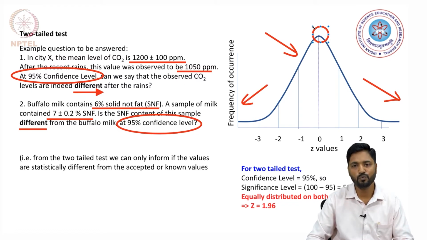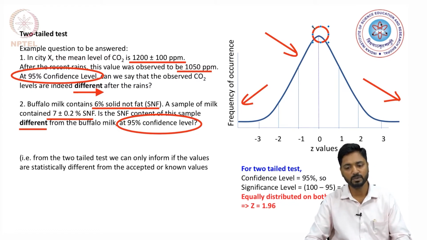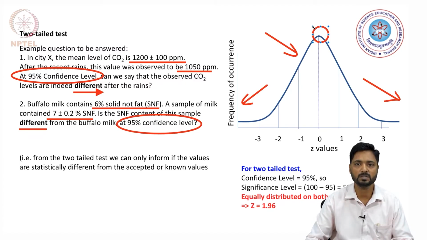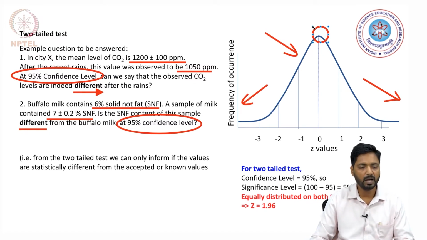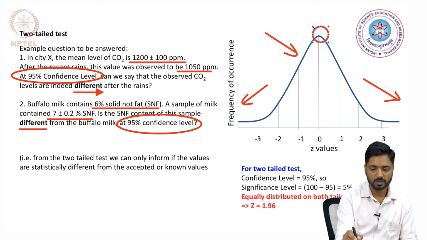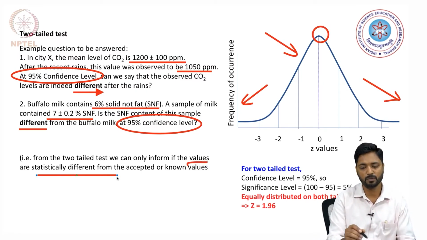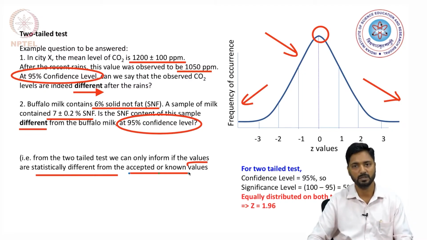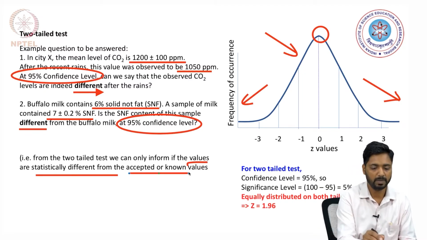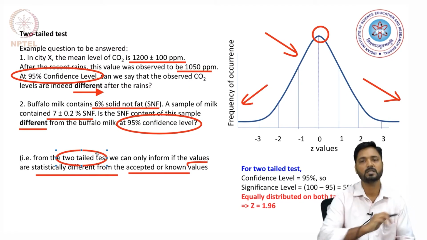As we move away from this mean value, the probability of occurrence of a certain reading reduces significantly. So, in a nutshell, if we have to tell whether the values being compared are statistically different from accepted or known values, then we apply the two-tailed test.